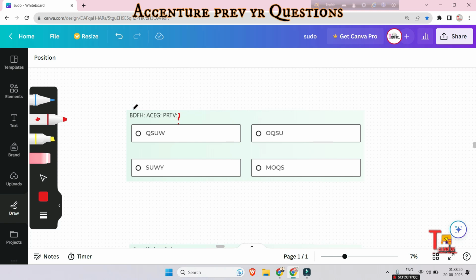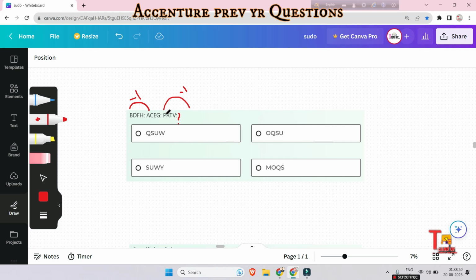D is 4 and c is 3, f is 6 and e is 5, h is 8 and g is 7. So each letter of the second term is one letter backward of the first term. That means this is -1, so here also it should be -1 to fulfill the pattern.